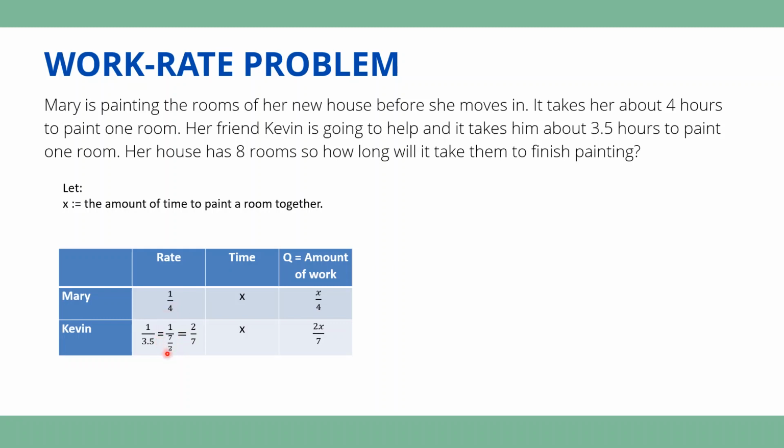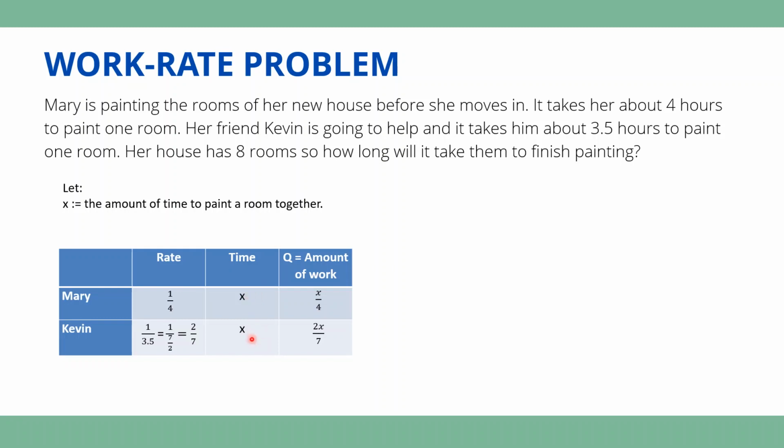Then we just get the reciprocal of 7/2 and multiply by 1. We will have 2/7. So Kevin's rate is now 2/7 instead of 1/3.5. Now, their time together to finish one room will be x.